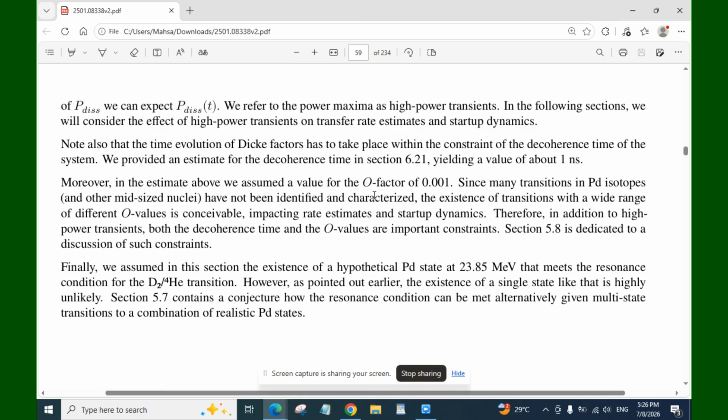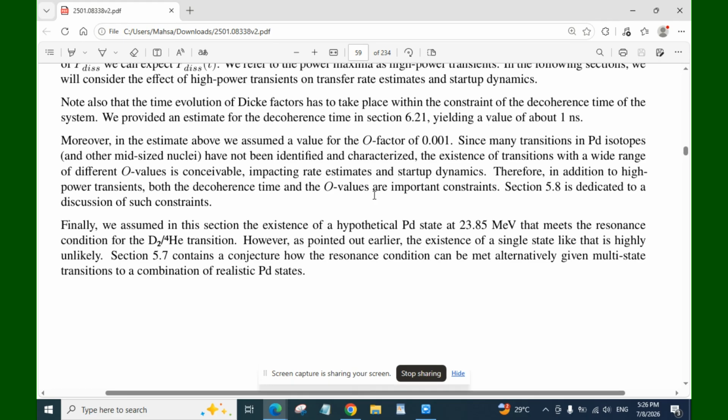In the following sections, we will consider the effect of high power transients on the transfer rate estimates and startup dynamics. Note also that this time evolution of decay factors has to take place within the constraint of the decoherence time of the system. We provided an estimate for the decoherence time in section 6.2.1, yielding a value of about 1 nanosecond. Moreover, in the estimate above, we assume a value of the Omicron factor of 0.0016. Many transitions in palladium isotopes and other mid-sized nuclei have not been identified and characterized.